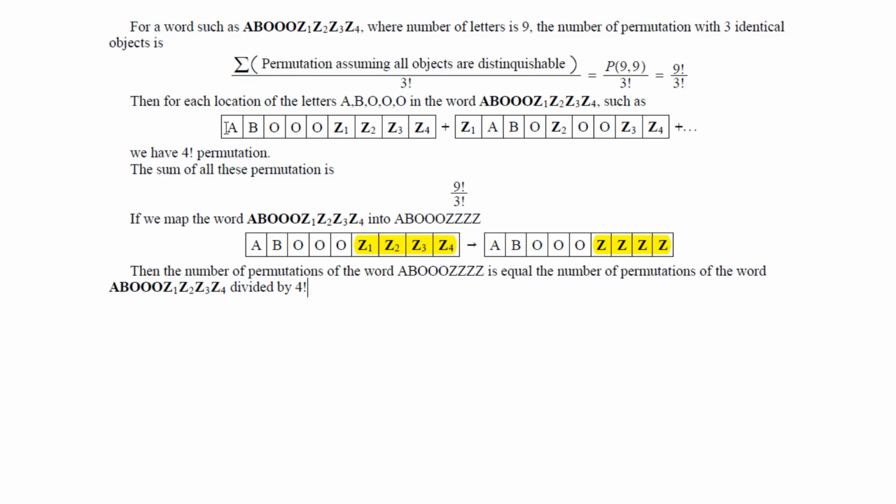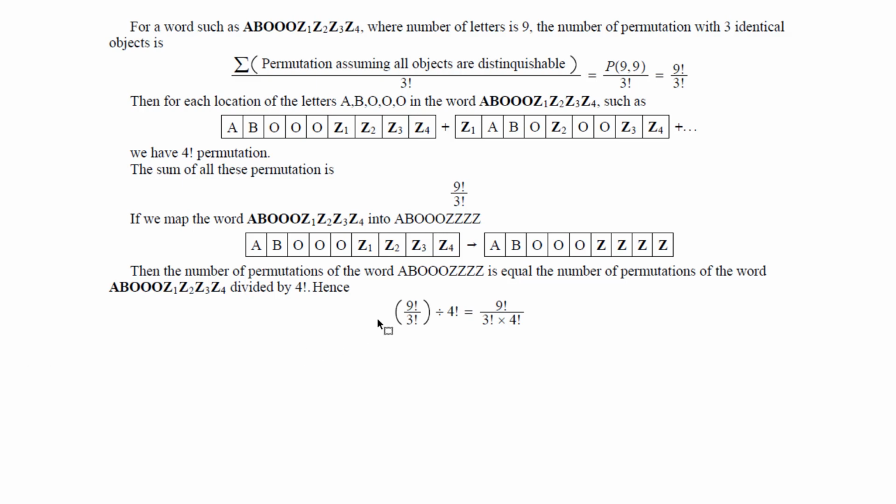Because for each location of these letters here, we have 4 factorial permutations of the letter Z. So if we make all these Z's similar to each other, we have to divide every table by 4 factorial.